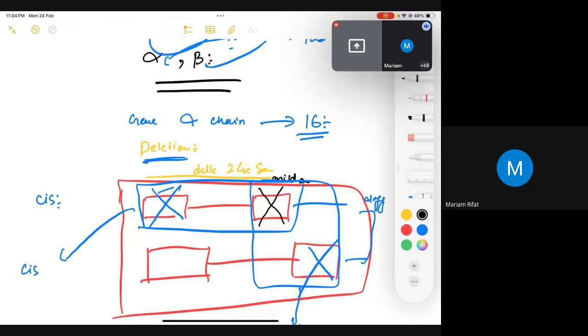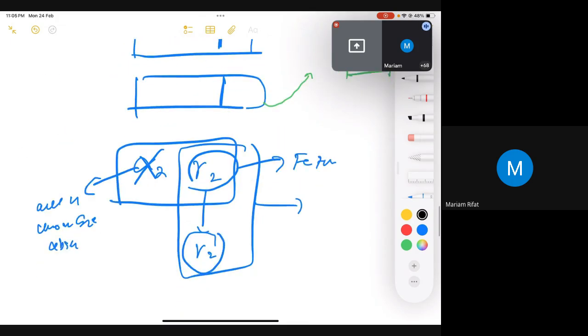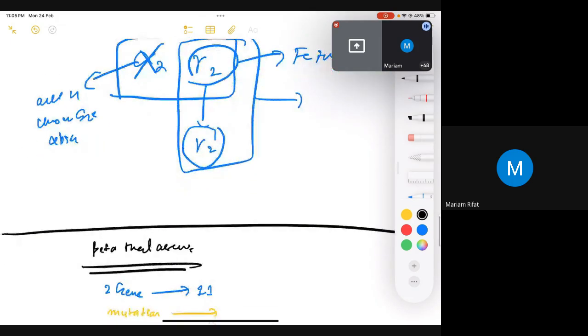But if the 2 alpha genes are deleted from both sides, then it will not be so severe. That will be the trans thalassemia. If 3 alpha genes are deleted, that will be hemoglobin H disease, which is also a severe condition. And if all 4 alpha genes are deleted, then it will be hemoglobin Bart's disease, which is more severe and incompatible with life.